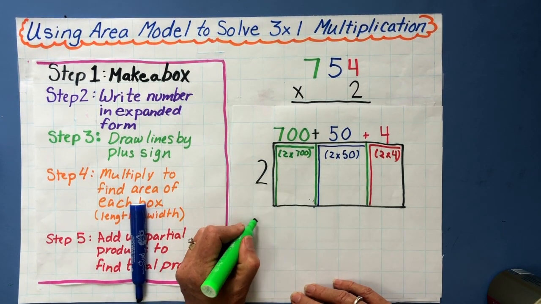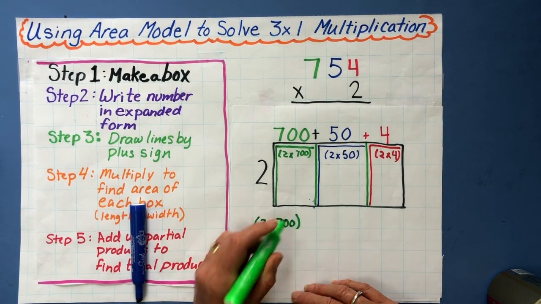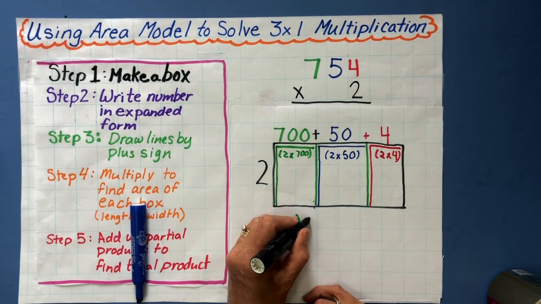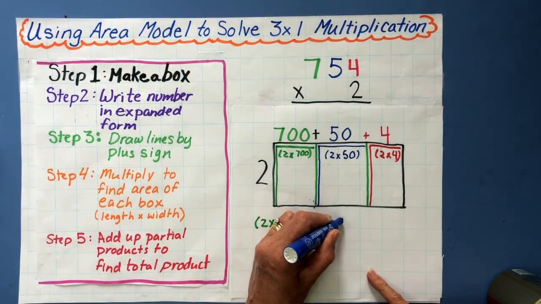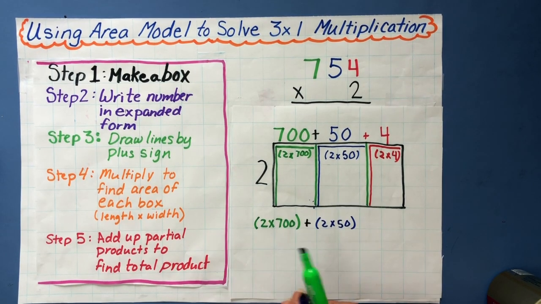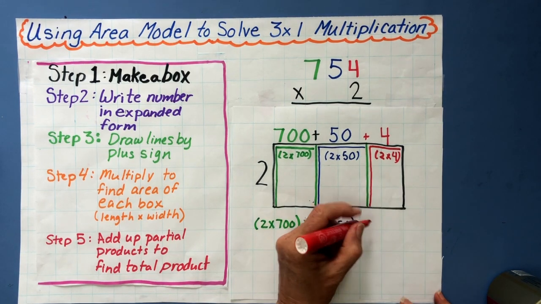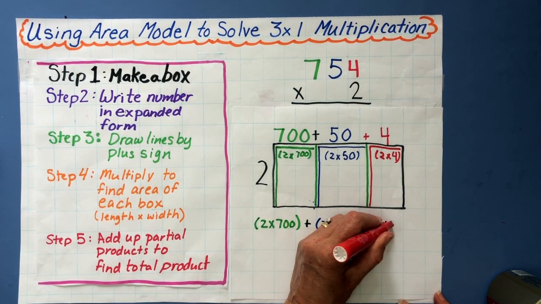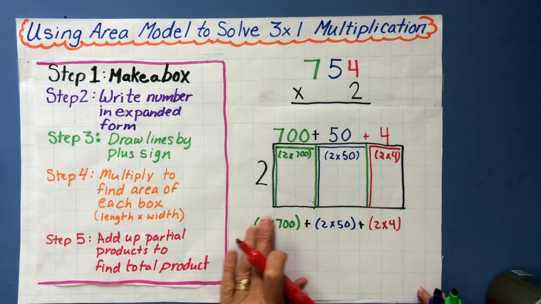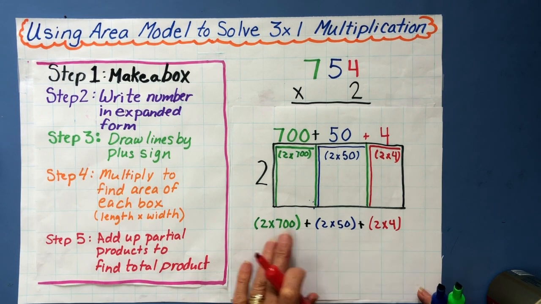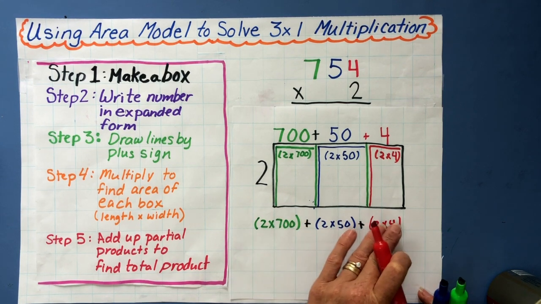So the first one, it looks like it's 2 times 700 plus the next box here, which is 2 times 50 plus the last box here, which is 2 times 4. Okay, and now this is called partial product form. So now all I'm going to do is find what this area is, what this area is, and what this area is.